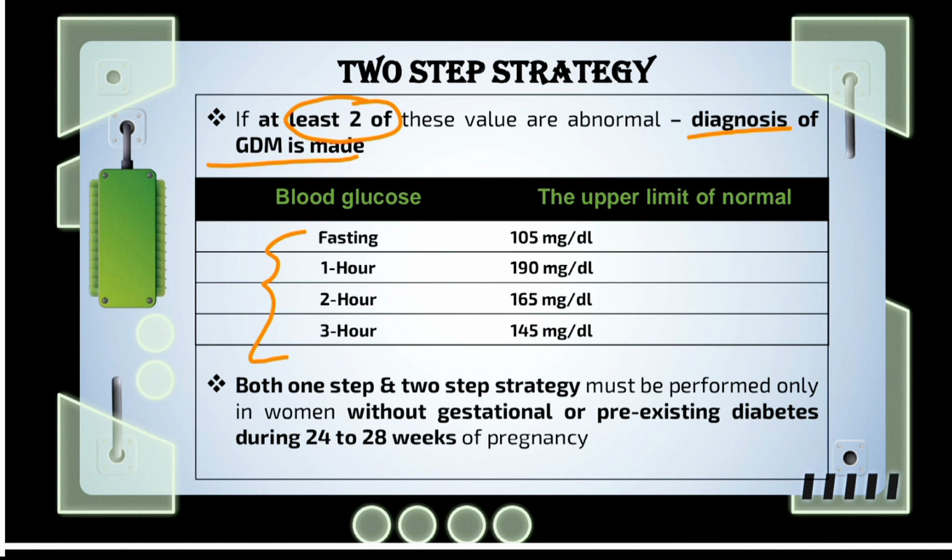The fasting level is more than 105 milligram per deciliter, 1 hour plasma glucose level is more than 190 milligram per deciliter, 2 hour plasma glucose 165 milligram per deciliter, and 3 hour plasma glucose level is more than 145 milligram per deciliter. So for positivity of gestational diabetes mellitus, at least 2 values out of these 4 values should be positive.